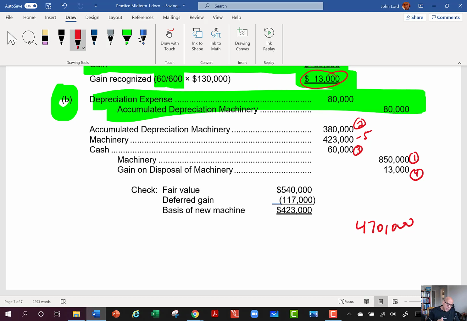I turned some of that machine into cash. So really the net book value, what I gave up, because I took some cash back, I have to subtract the cash. So the net book value of what I gave up is $470 minus the 60,000.